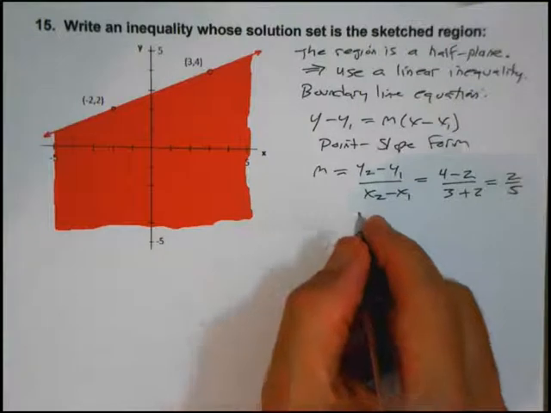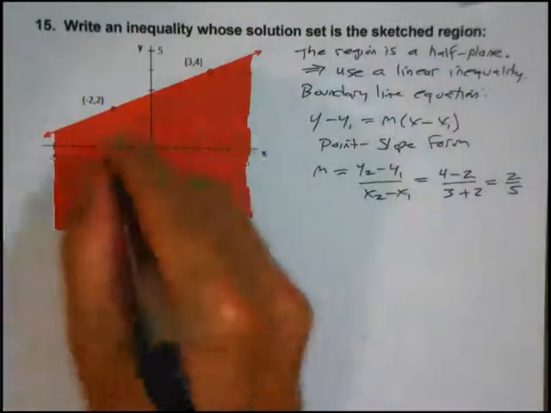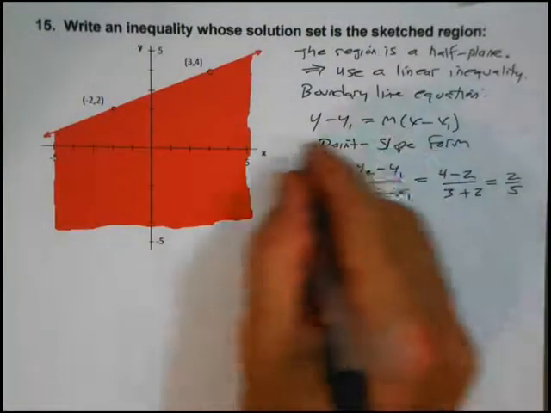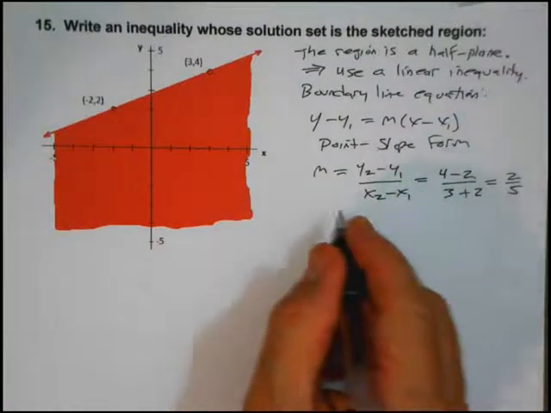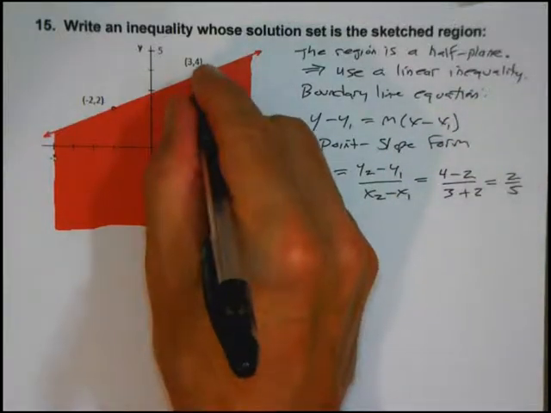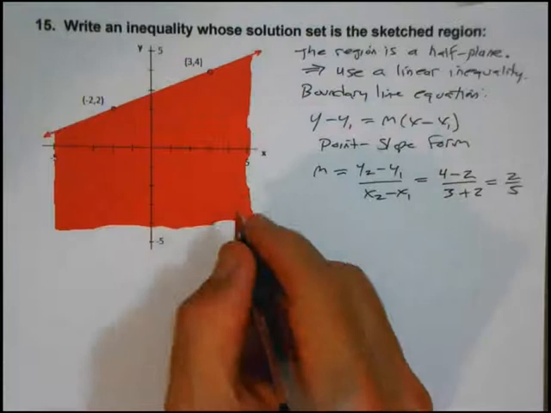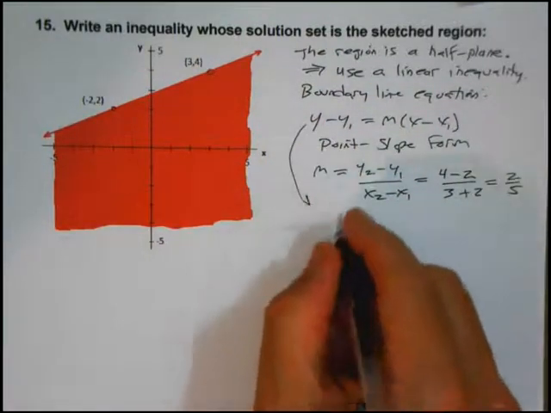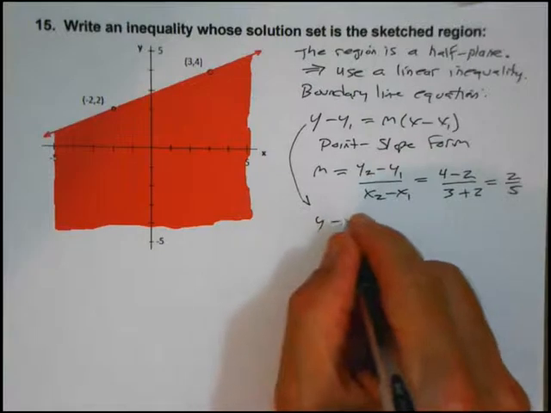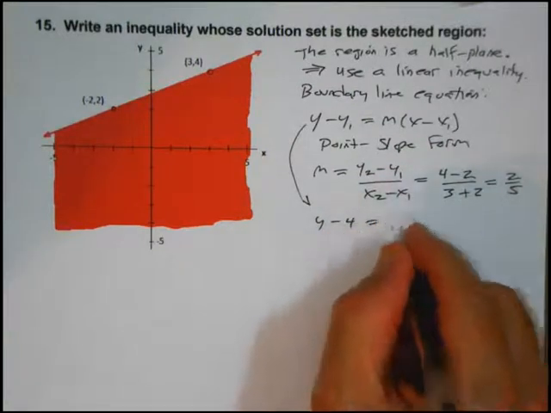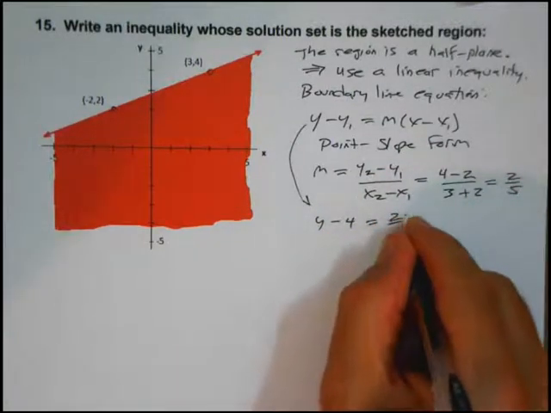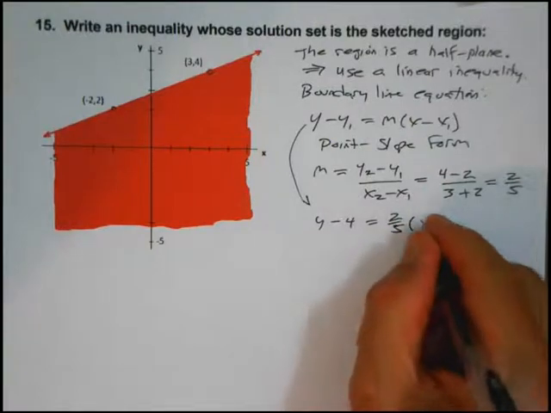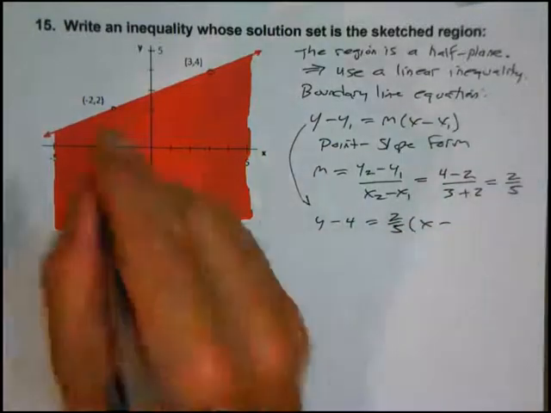Well, we can let either one of these points play the role of x1, y1. Now, it might be easier to use this point since it has no negatives for the coordinates. Alright, so now this can become y minus 4 equals m, known to be now 2/5, x minus 3.